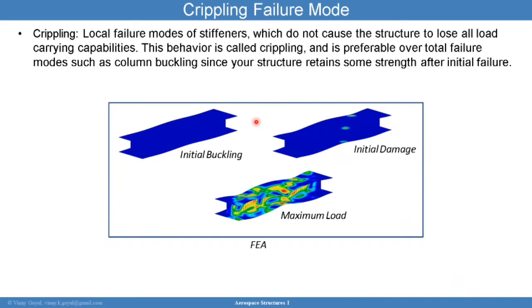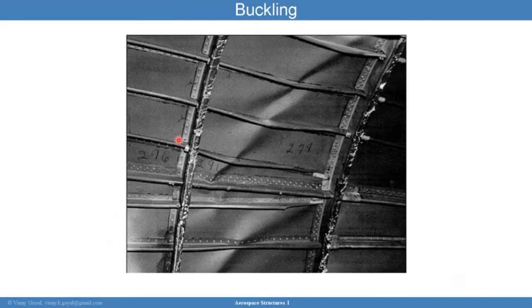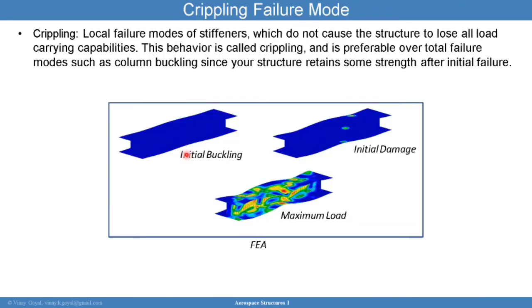The crippling failure mode is a failure mode where, for example, I have this stringer or this stiffener, and it is more of a local failure mode to the stiffener, which may not cause the whole structure to lose load at once, but it's a local failure of the stiffener.